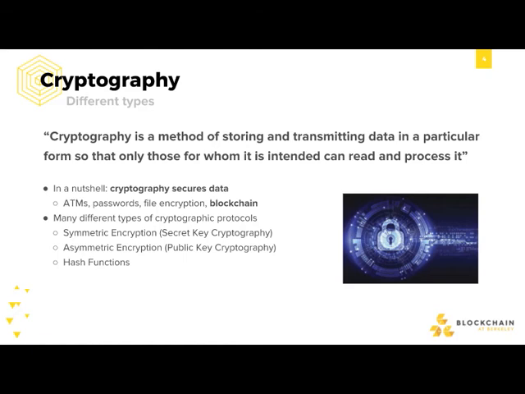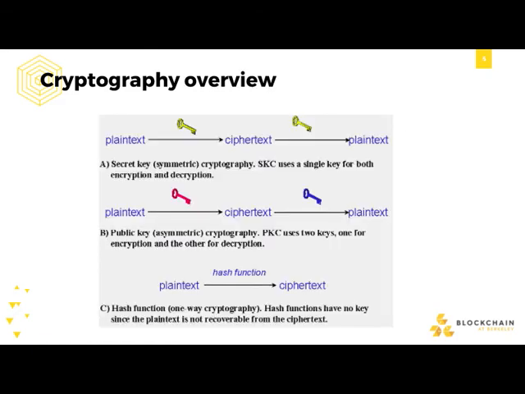And there are many different kinds of cryptographic protocols. I'd say the three biggest ones are symmetric encryption, which is also known as secret key cryptography, asymmetric encryption, which is public key cryptography, and hash functions. So this is an overview of how they work. The first type, symmetric cryptography: you have the plain text, which is the data that you want to encrypt, and you use a key to encrypt it into the ciphertext.